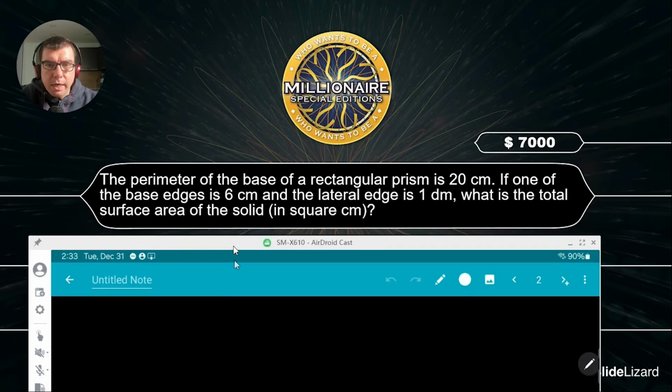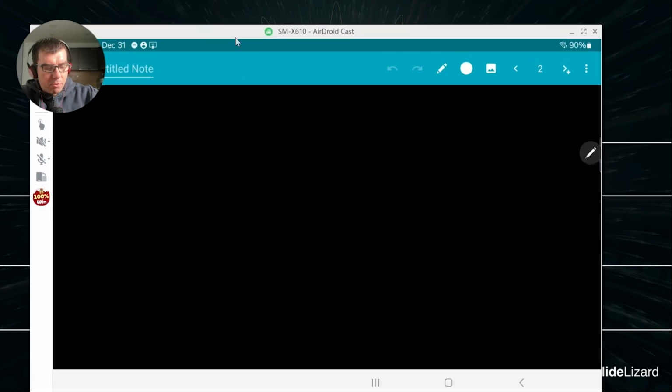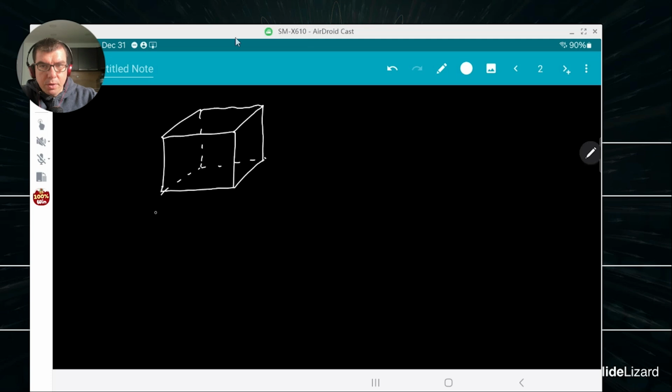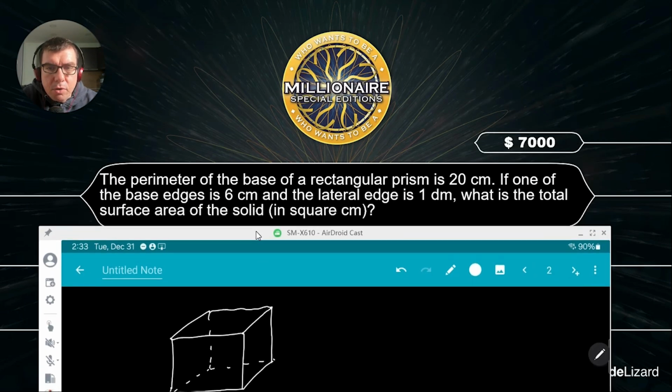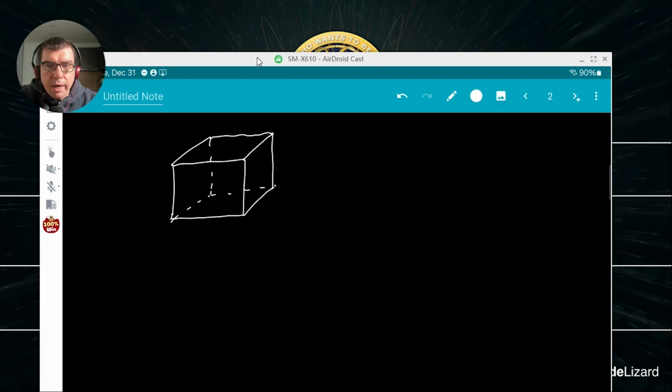So we have the exact same sketch as before. Let me sketch it real quick. So it says that the perimeter of the base is 20.